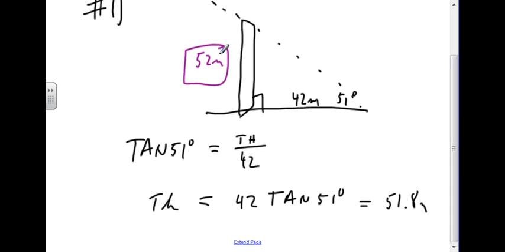Now, why do we have trig? And more specifically, right angle type trig. Why do we do that? Why do we have it at all? As human beings, why do we have anything?